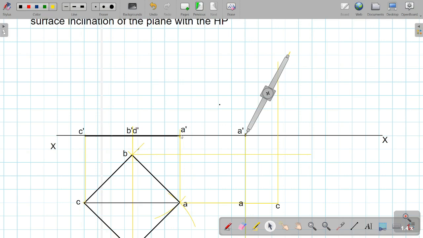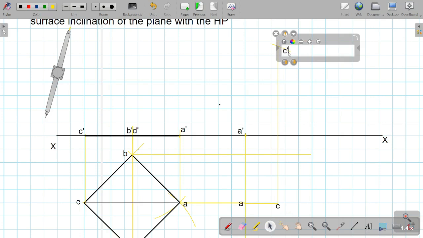Because I am measuring the distance from A to C, so it should cut the projector of C. So I will make an arc and then we'll just extend this line. The point where it intersects will be your point C dash.